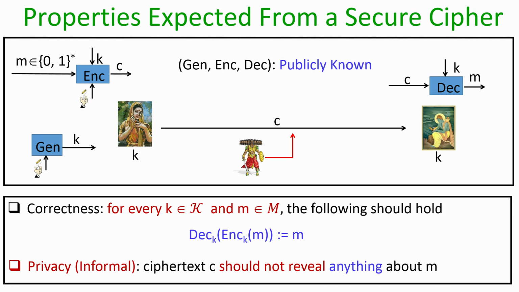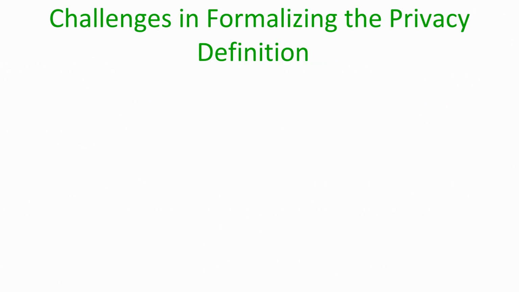The only thing the bad guy does not know is the value of the key with which the sender has operated the encryption process. The privacy property demands informally that even after this knowledge, the ciphertext should not give any information about the message M.